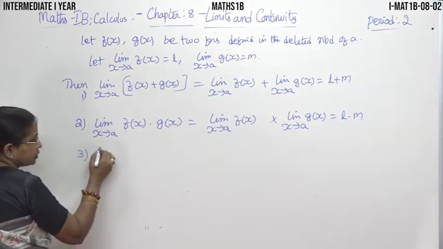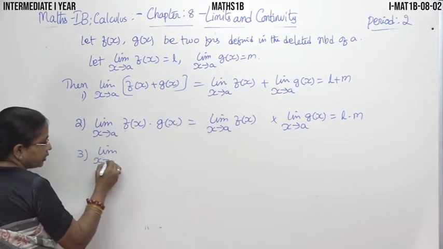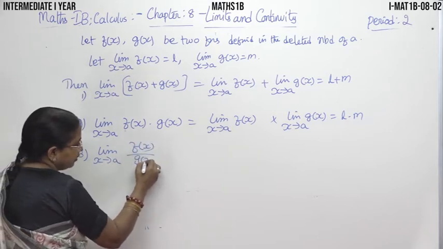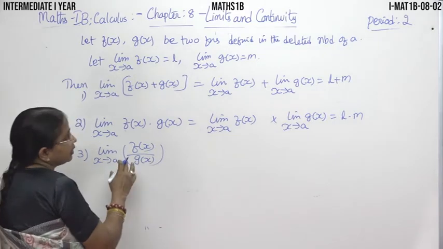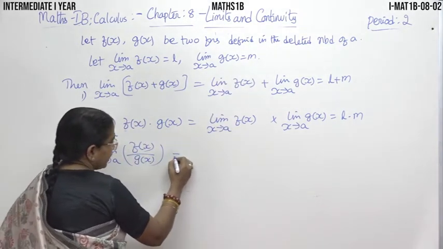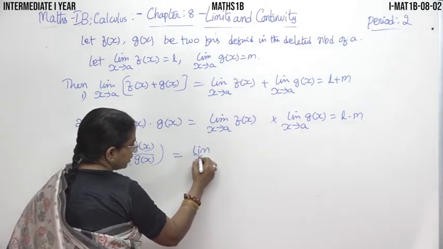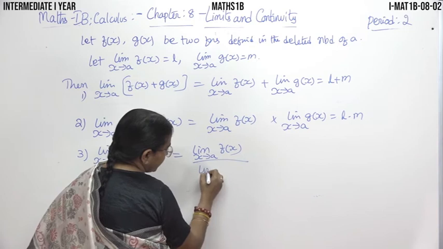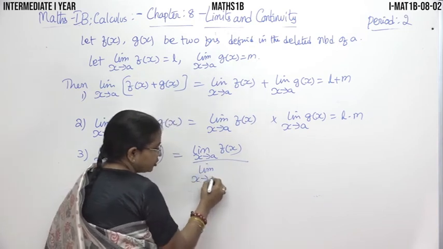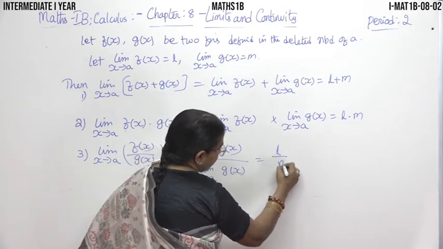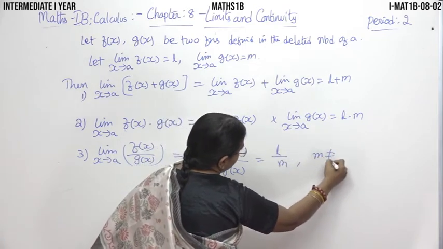Next, suppose you have the limit as x tends to a of f of x by g of x, where the limit m is not equal to 0. So I can write this as the limit as x tends to a of f of x by the limit as x tends to a of g of x. I can write the limit for the numerator separately and the denominator separately.